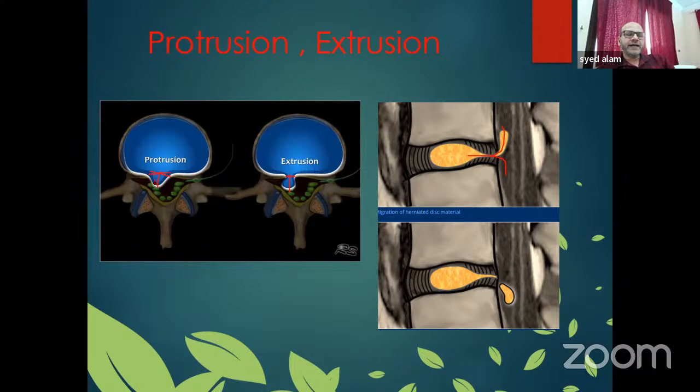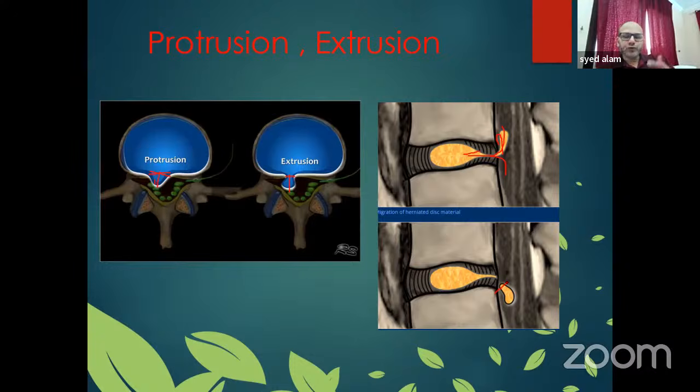Extrusion can cross the end plate. When any disc crosses the end plate, that is a disc extrusion, and when it is separated, we call it disc sequestration.